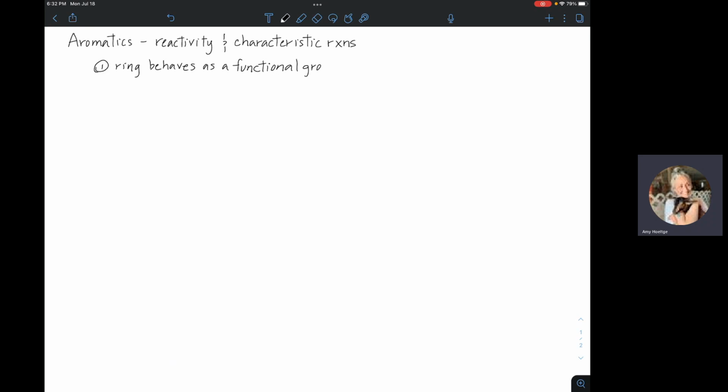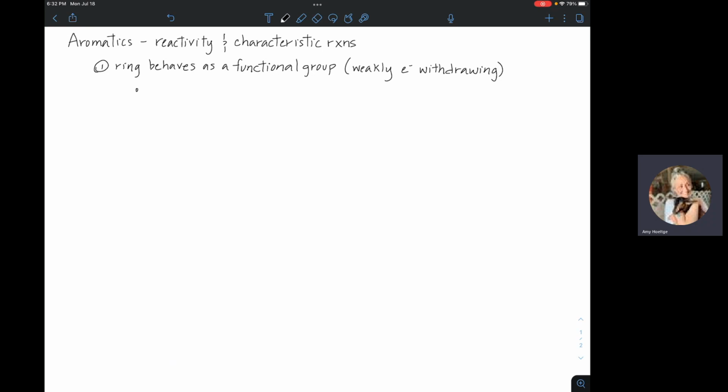And an aromatic ring with its conjugated pi system is weakly electron withdrawing. So that has to be taken into consideration, especially if it's behaving as a functional group on another molecule that's undergoing a reaction. Meaning it's sucking electron density toward itself, but not in like a huge way.